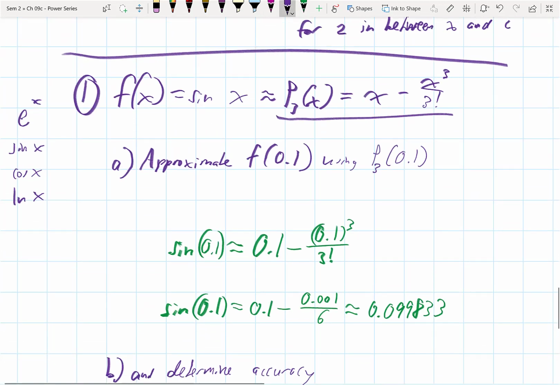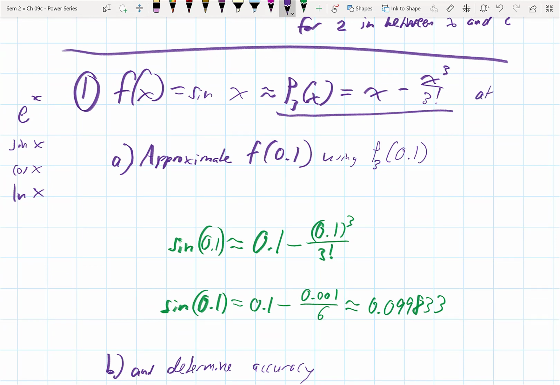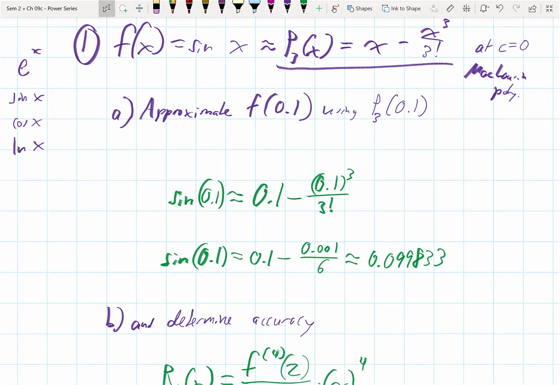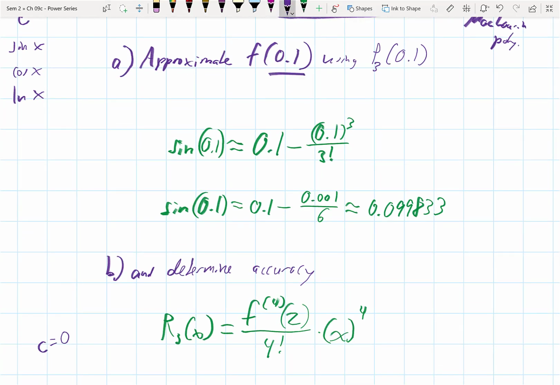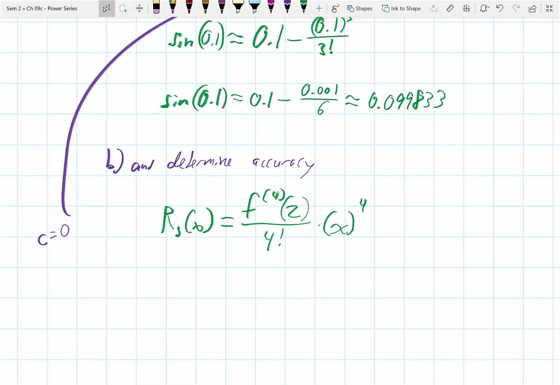This is the Taylor series representation at c equals 0. Remember, when c is equal to 0, we call this a Maclaurin polynomial. I know that my c value is 0 because I'm basically at sine of 0.1. I should use a c value of 0 in order to really get this. That means that this x to the 4th was really x minus 0 to the 4th.